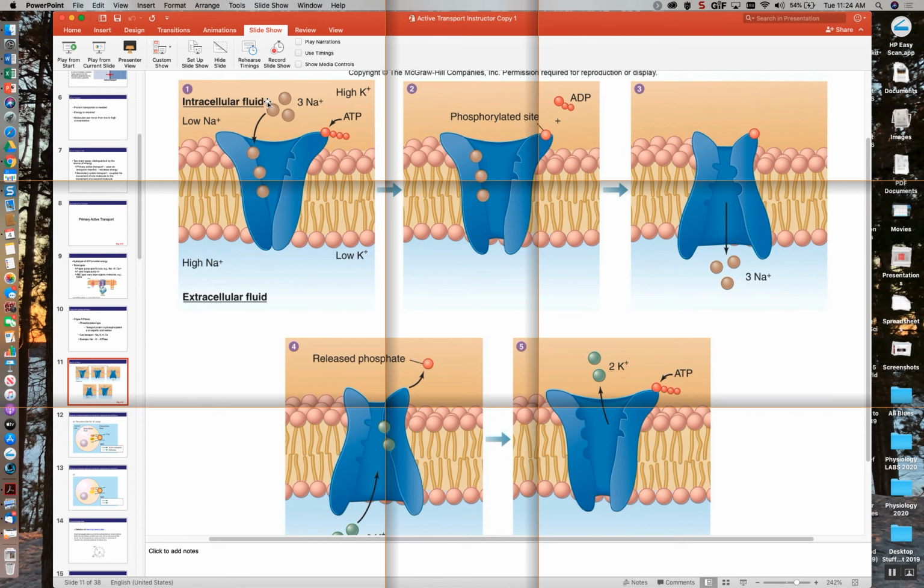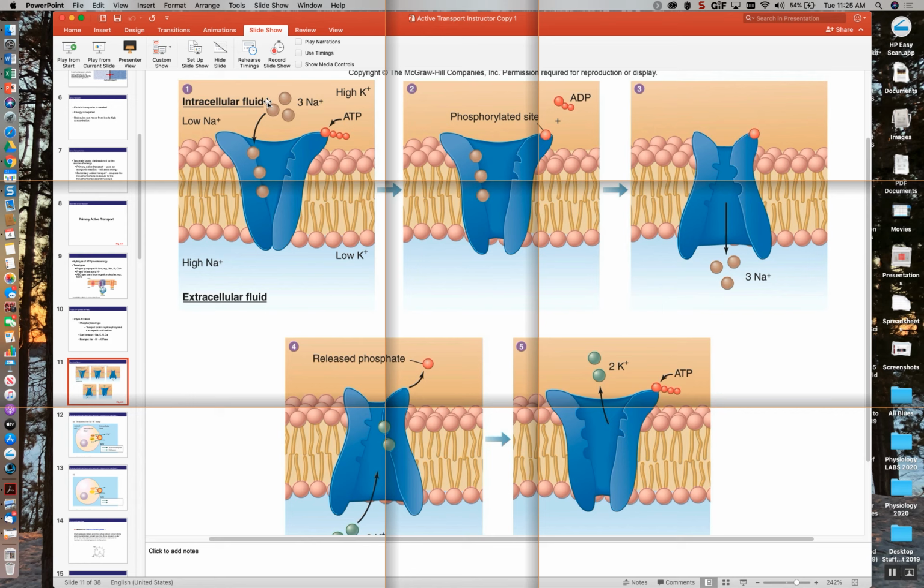The net movement is 1 positive ion out of the cell, okay? So 3 sodium basically attach from the intracellular side. This is a little backwards from some of the other diagrams. So the top here is inside the cell, and the bottom here is outside the cell.